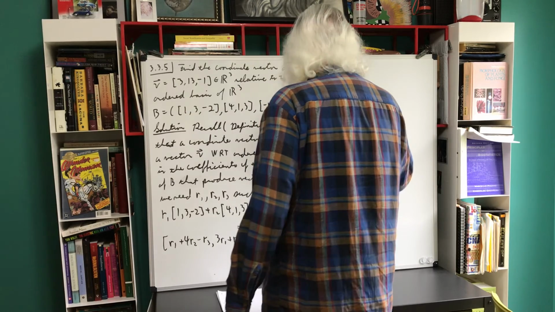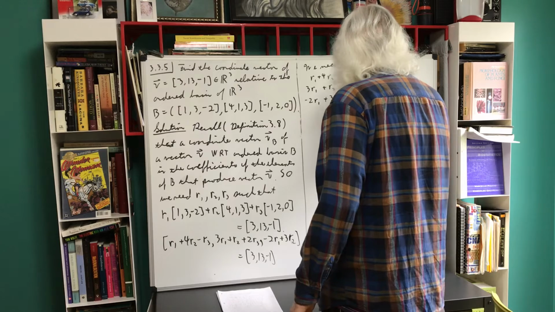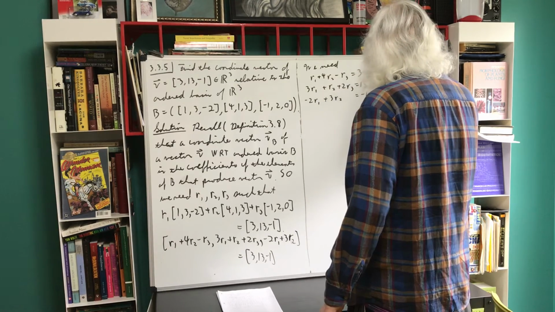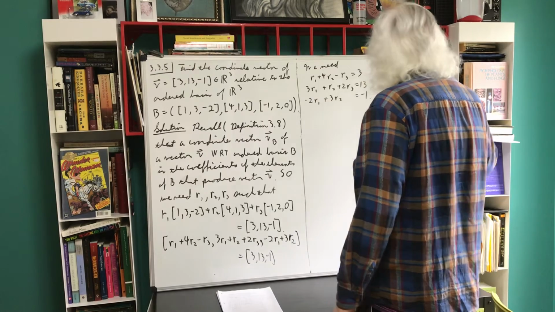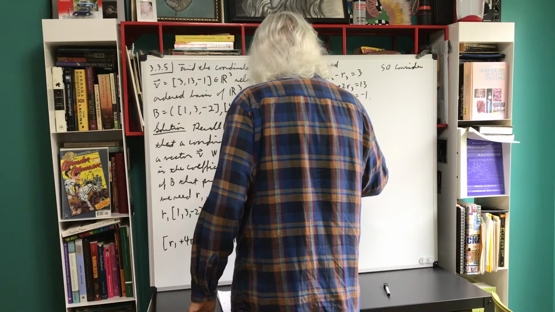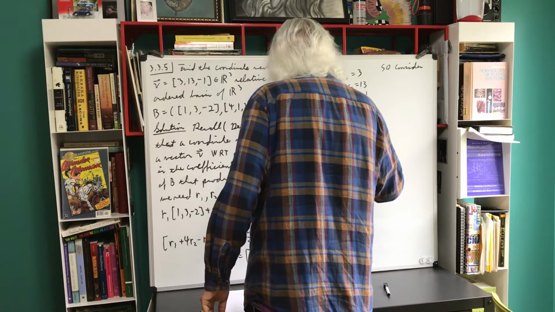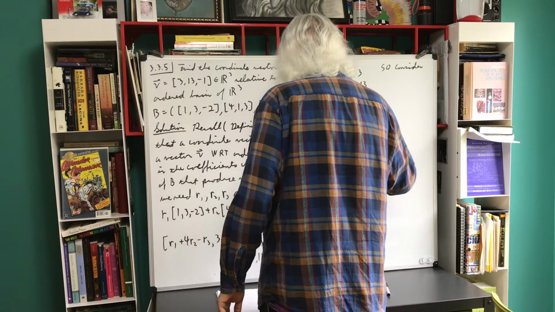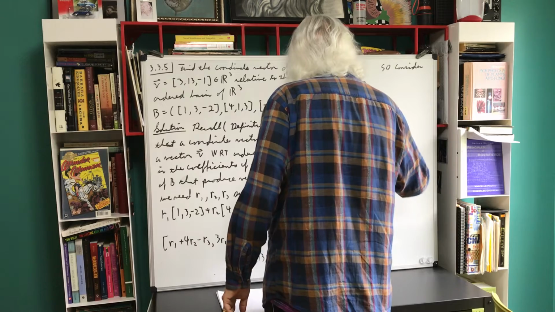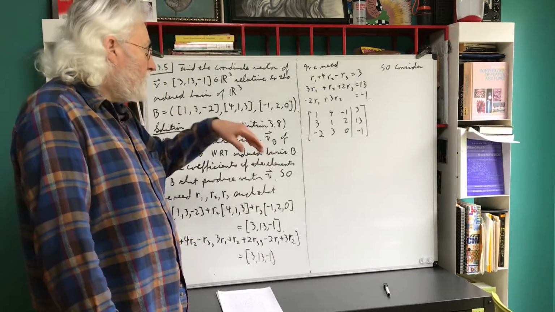Negative 2R1 plus 3R2 equals negative 1. So we'll change it into an augmented matrix: the columns 1, 3, negative 2 for the R1 coefficients, 4, 1, 3 for the R2 coefficients, and negative 1, 2, 0, augmented with 3, 13, negative 1. So we find R1, R2, R3.